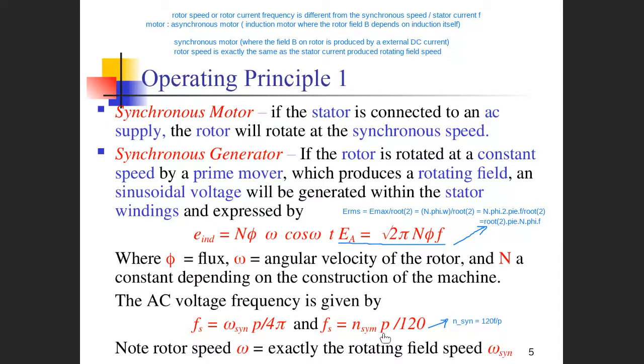However, if the number of poles is 12, then the rotation speed we require is 50 times 10, so just 500 rotations per minute.